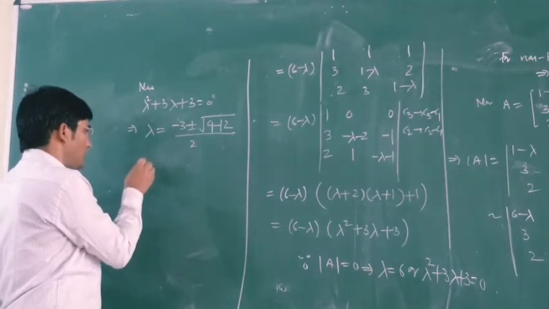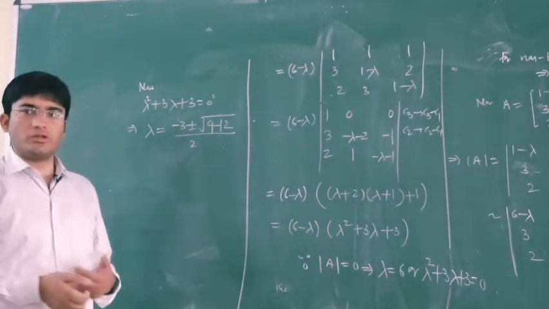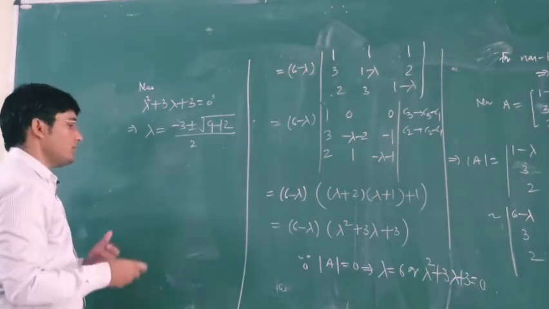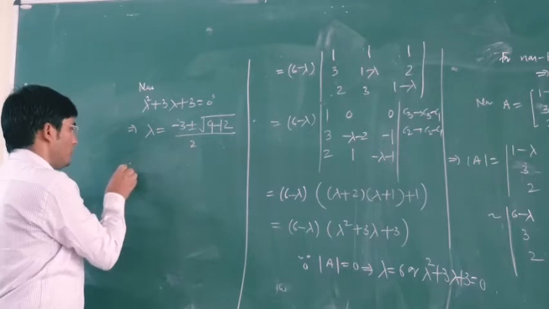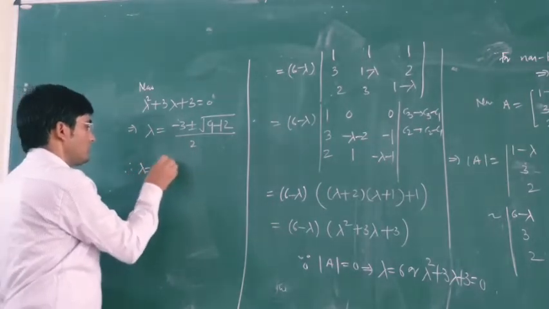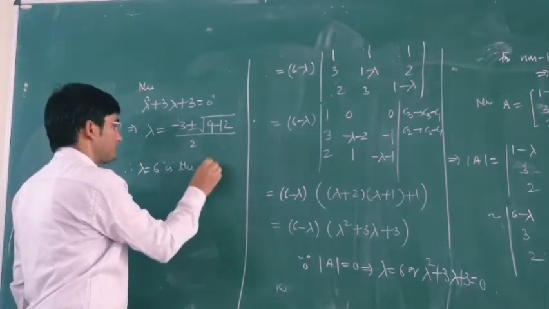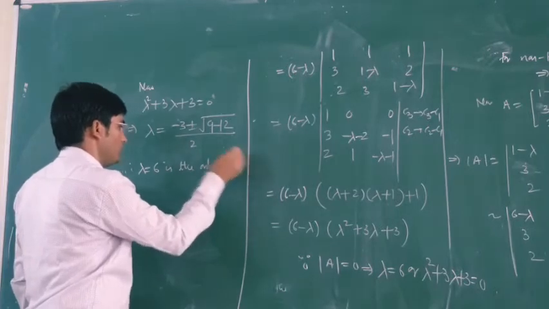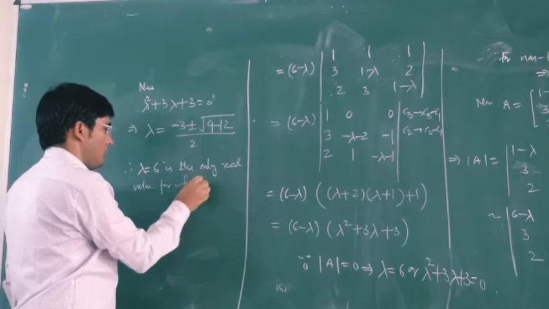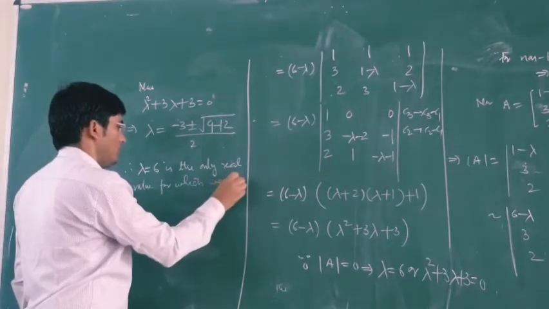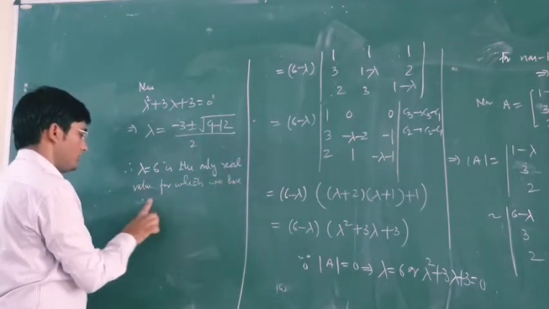So the only value of lambda for which the system of equations has a non-trivial solution is lambda equal to 6. This is the only real value of lambda. So therefore lambda equal to 6 is the only real value for which we have a non-trivial solution.